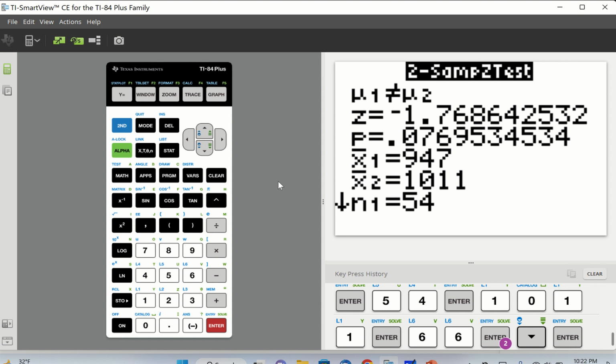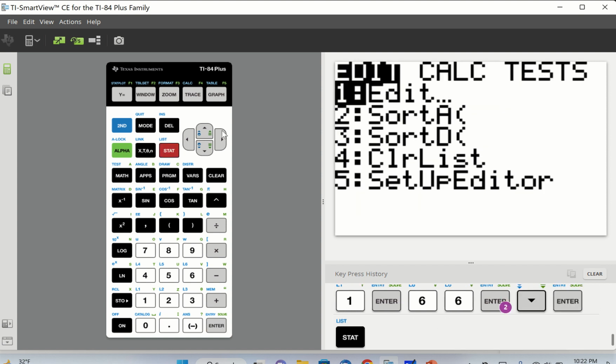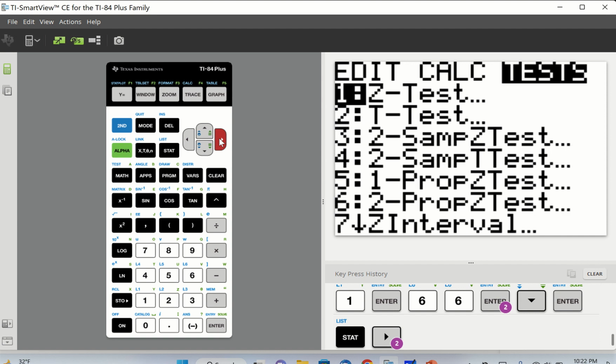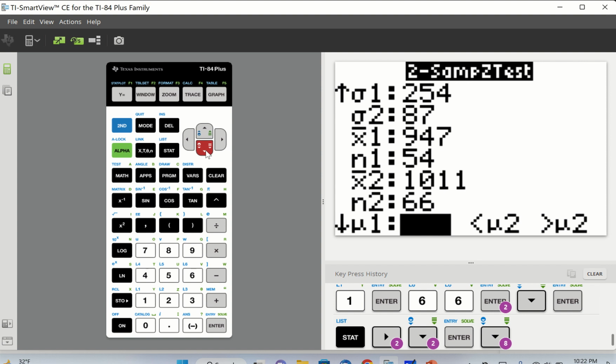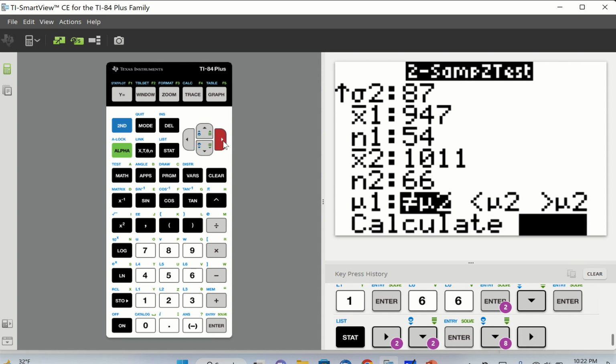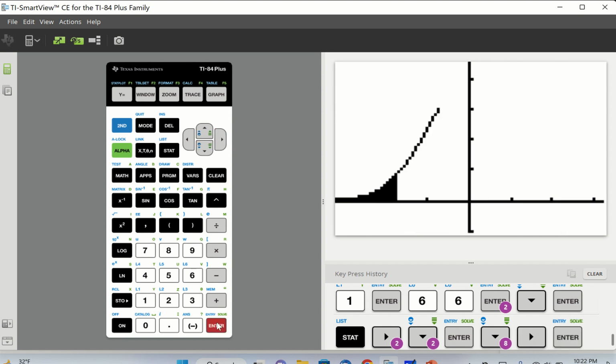If you need to draw it, let's take a look again. Let's go back to Stat, Tests, and make a graph of it also. Option 3, and everything stays the same. We come down, and this time, instead of selecting calculate, we select draw and hit enter.